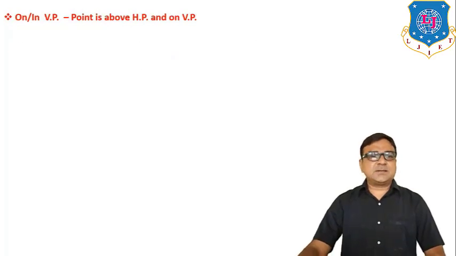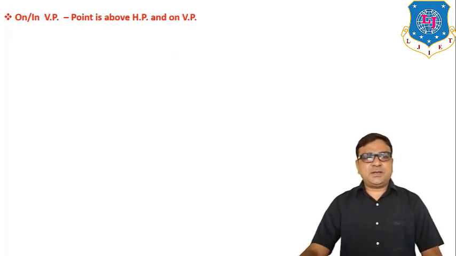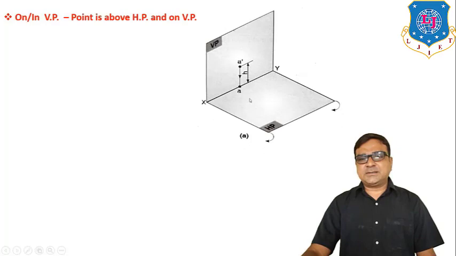Now next, the point is above HP and on VP. Our projection is like this. Point A is on the vertical plane above HP, so from the front, the projection of A on the vertical plane is denoted by A dash.